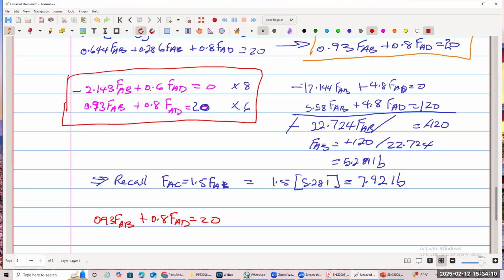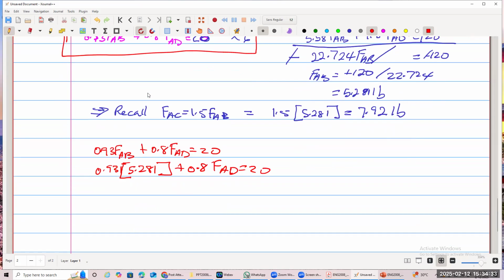So you put AB in it, so it would be 0.93 times F_AB. Now what is the AB value? AB is 5.281, plus 0.8 F_AD equals 20.